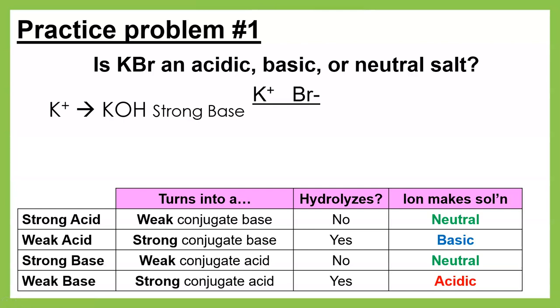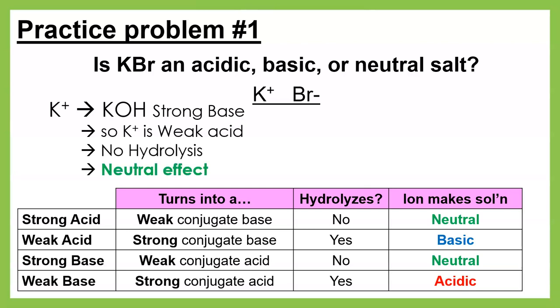Since potassium can be found in a strong base, that means the potassium ion is going to be a weak acid by itself. Potassium is not going to go around making much effect. It's not going to hydrolyze. So it will have a neutral effect.